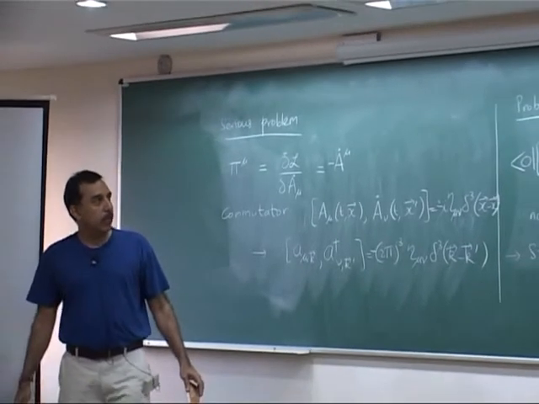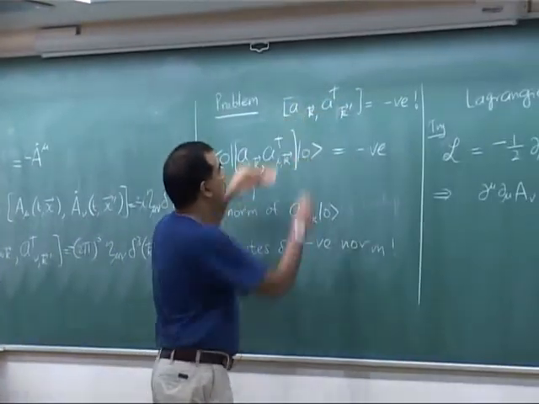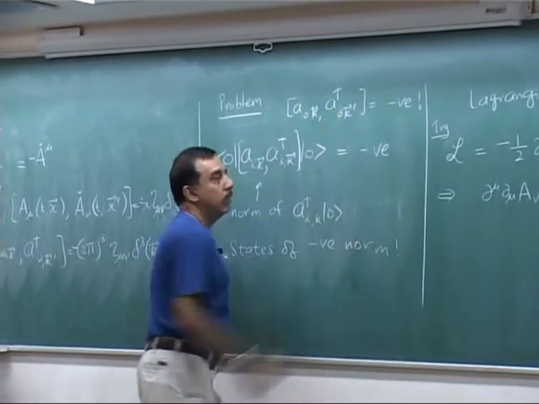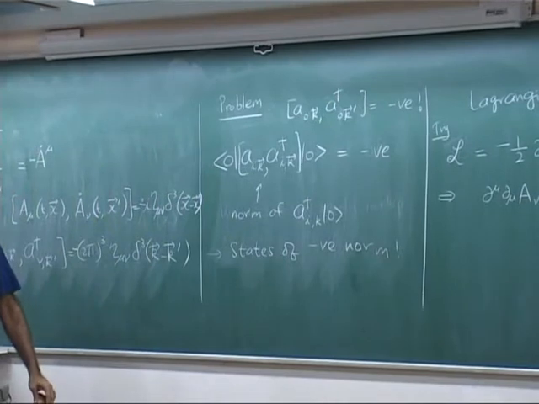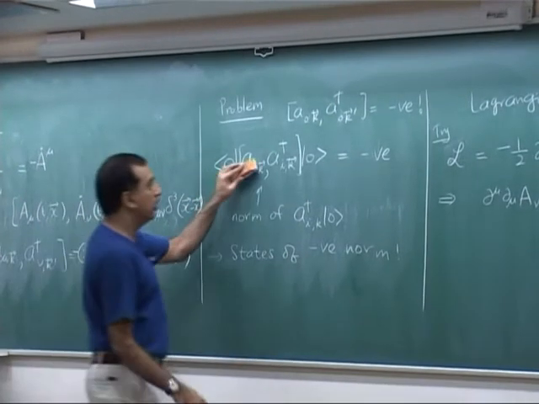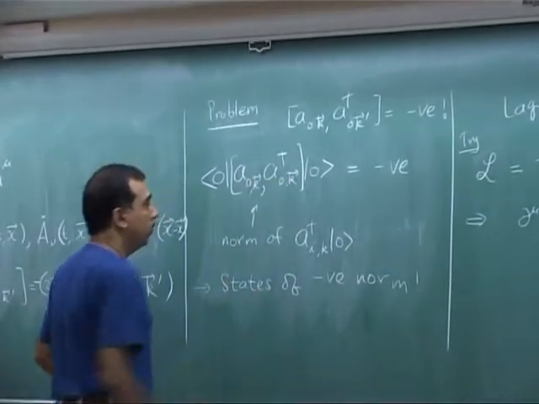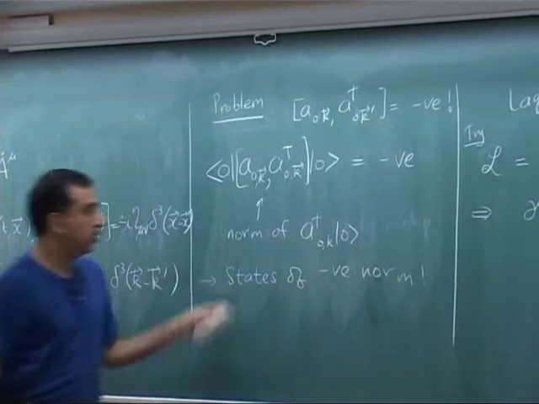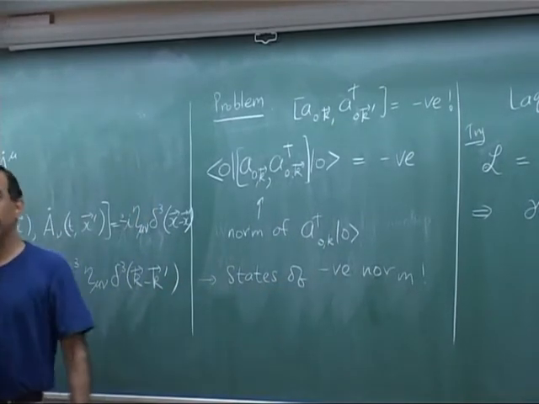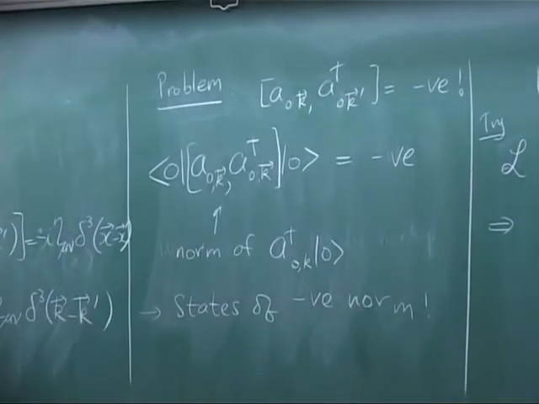So now instead of having a problem with A i A j, the problem is transferred to A 0, the time component of the vector field. So at least you can say it's a problem with only one out of the 4 components instead of 3 out of the 4. That's why we say it's better. So the norm of A naught dagger is negative in this sign choice, and we still have an inconsistency.